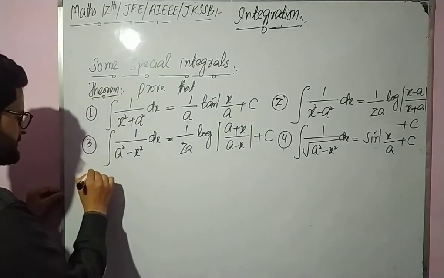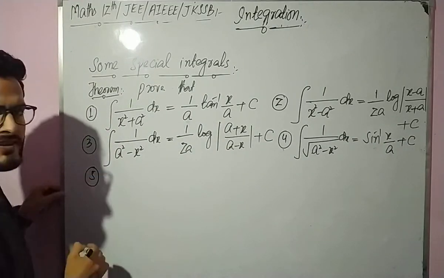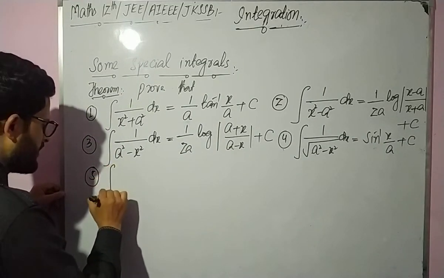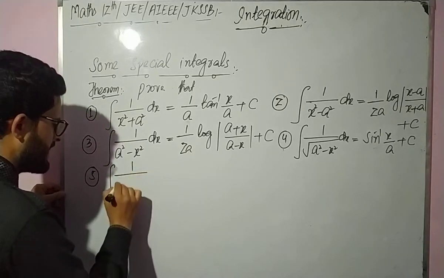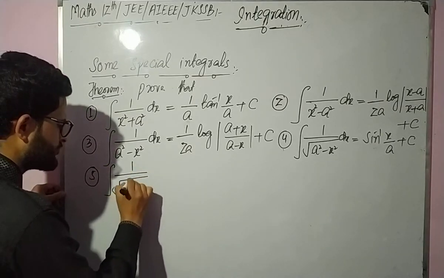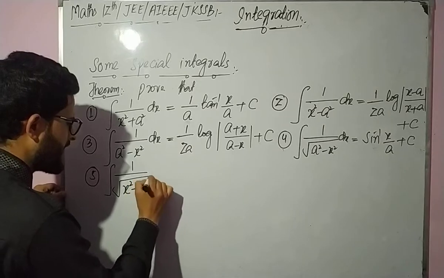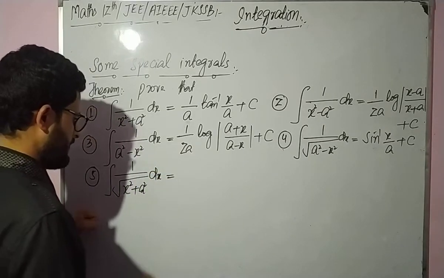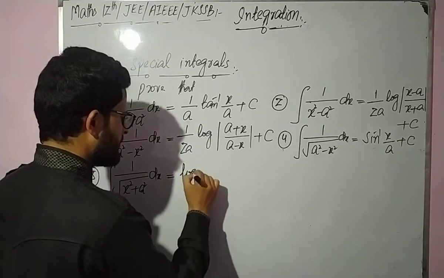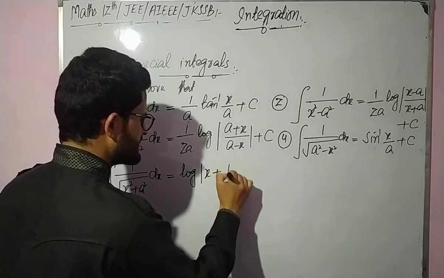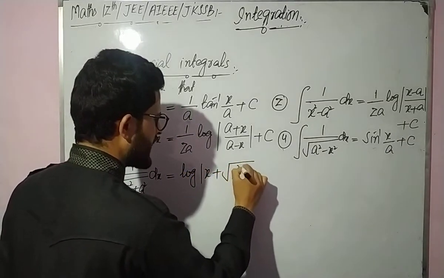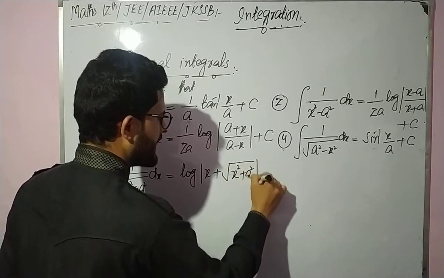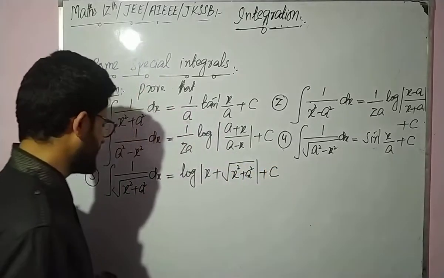The fifth special integral that we are going to discuss is integration of 1 divided by square root of x square plus a square into dx, and that is equal to log of mod of x plus square root of x square plus a square plus c, the constant of integration.